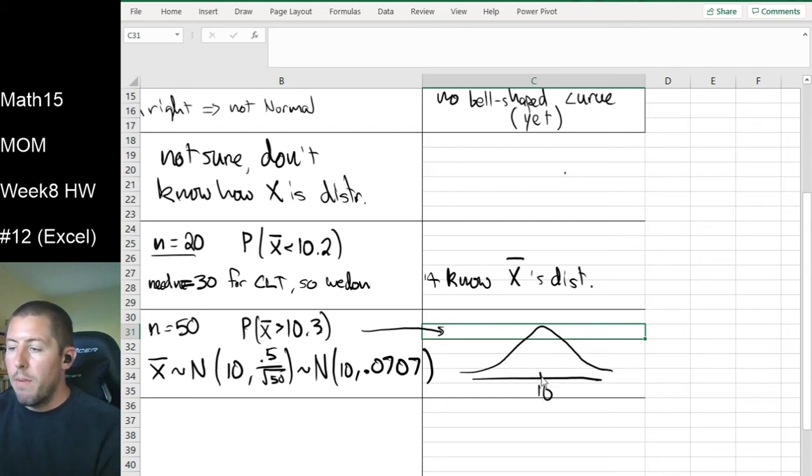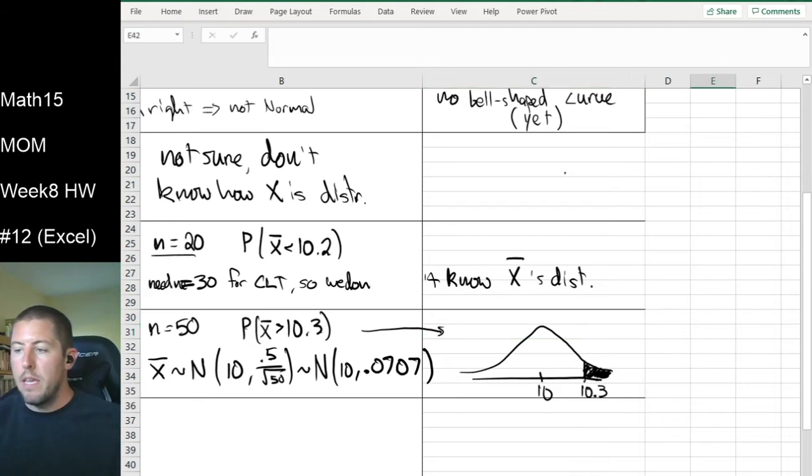So I know that I am at an average of 10. I know that my standard deviation is only 0.07. That's really, really small. Notice that 10.3 already seems like it's about 4 standard deviations away from the average here, right? But the point, more importantly, is that I know that this 10.3 is up here somewhere, and I'm interested in the probability that we are above that.